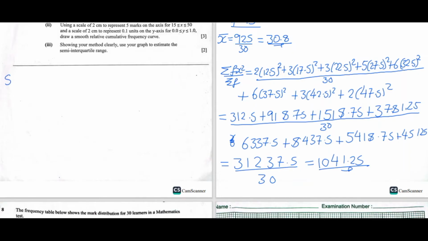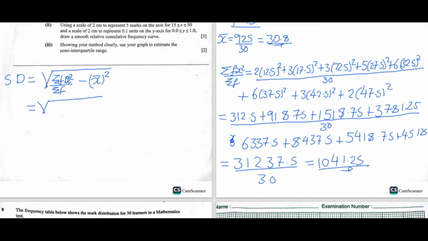So standard deviation is equal to the square root of the summation of f of x squared over the summation of f, minus the mean squared. So let's do the substitution.